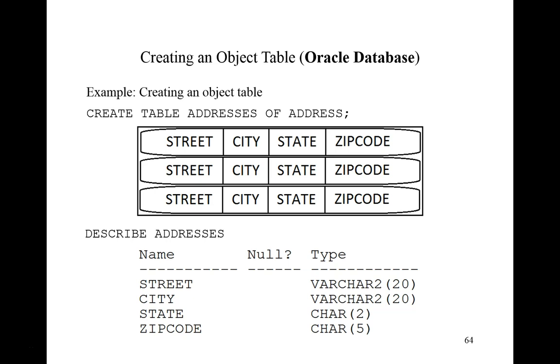We say it's a table of, and we refer to the object type. So instead of specifying a name and data type for each column of this table, we specify only the name of the object type. The system will use the metadata for this type to complete the definition of the structure of the table.